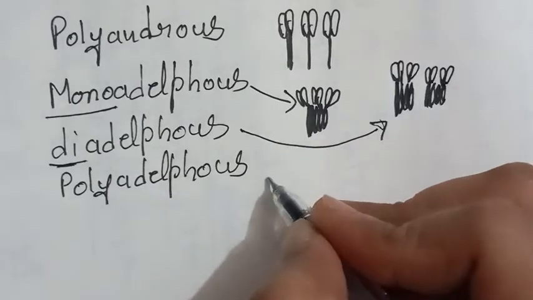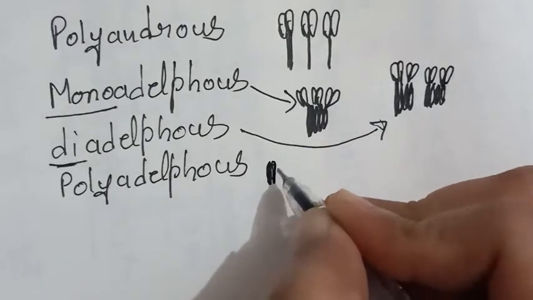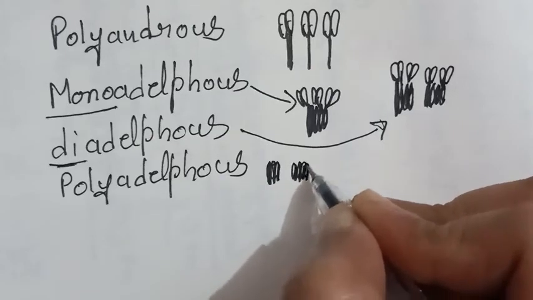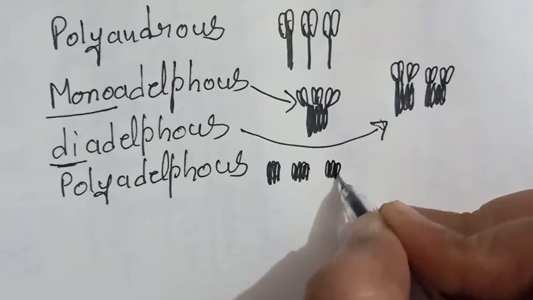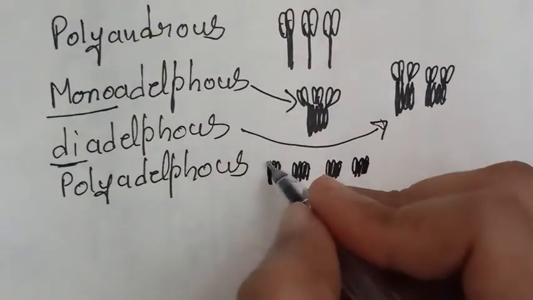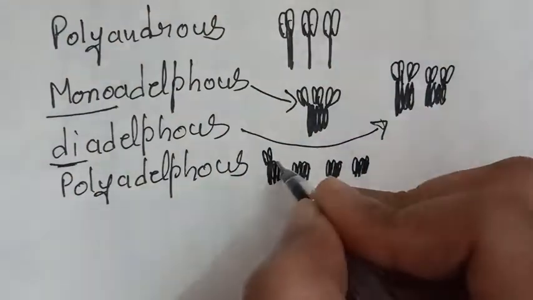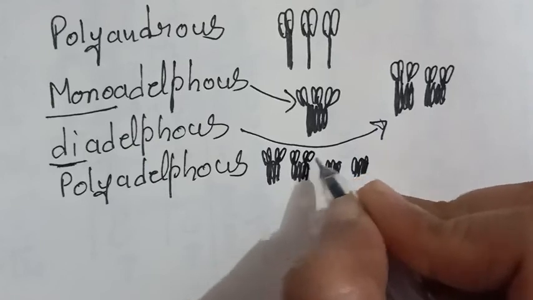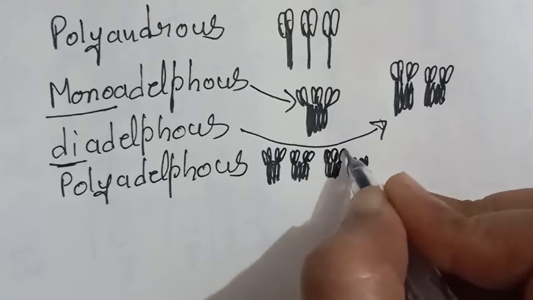They form more than two bundles, 1, 2, 3, 4, like 4, and their anthers are free from each other. So this one is the polyadelphous form.